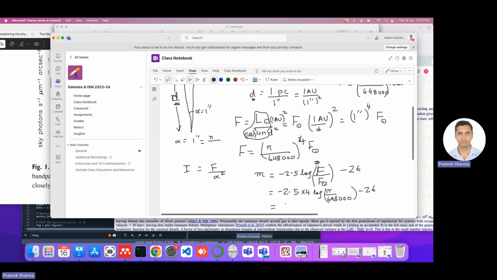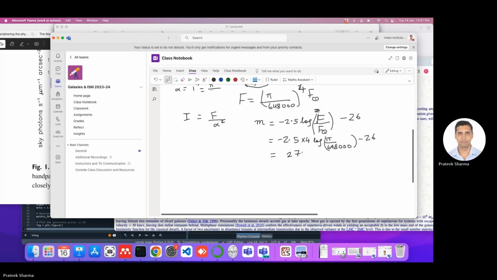If you plug all that in, you will get something which is 27, or 26 point something. So 27 magnitude per arcsec squared. So this is mu. So 1 solar luminosity per parsec squared is equivalent to 27 magnitude per arcsec squared. Okay, so it's sort of easy.